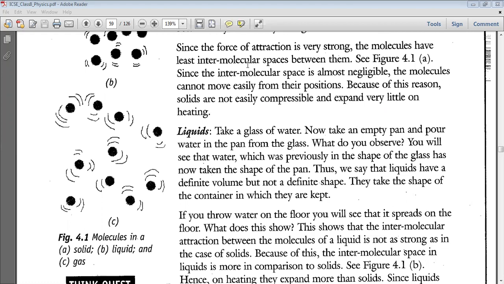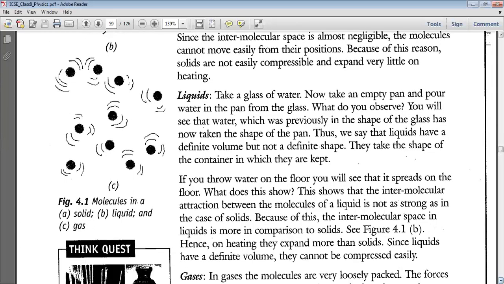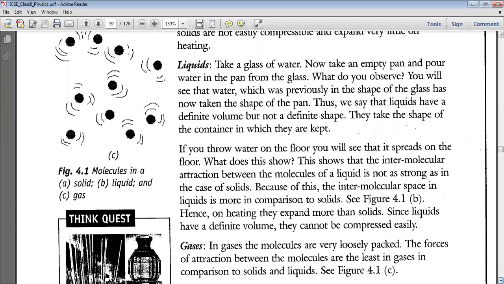Now you will see that if you throw this water on the floor, the water spreads on the floor. So this shows that the intermolecular force of attraction is comparatively weaker in case of liquids than in case of solids. It's not that strong because water can actually flow somewhat.